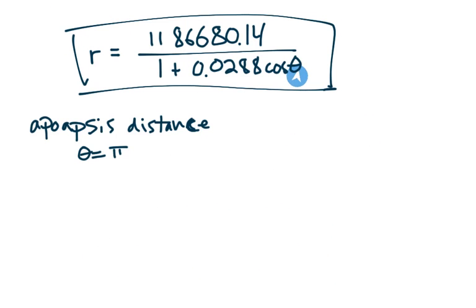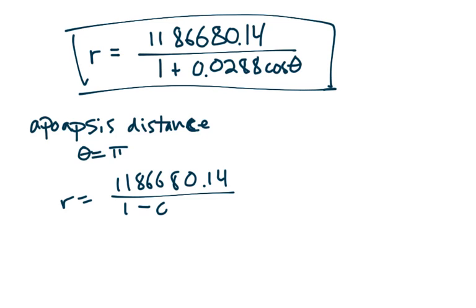Well, when theta equals π, cosine of π is -1. So what you're looking at is r equals 1186680.14 over 1 minus the eccentricity.